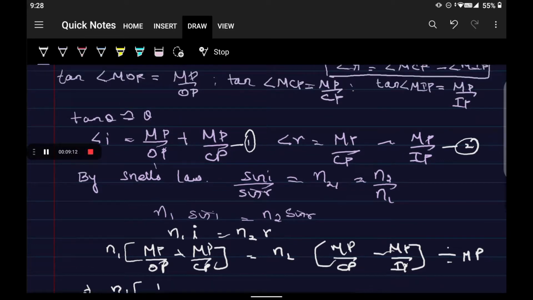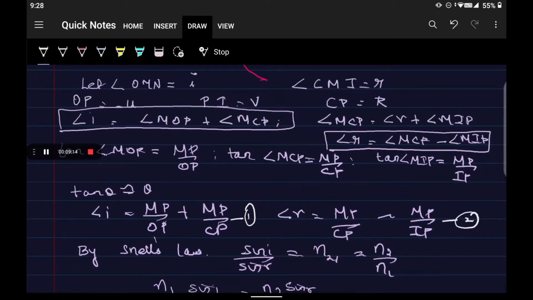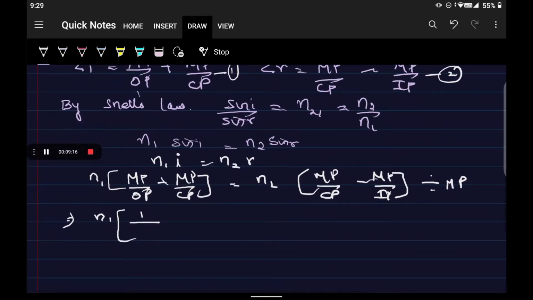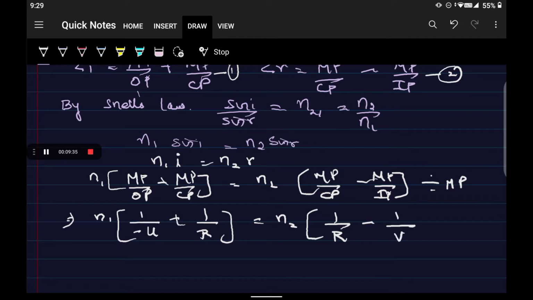From the diagram, OP is nothing but minus u, as we have already taken. So you substitute 1 by minus u. Plus, again dividing by MP, 1 by CP is 1 by R, since CP is nothing but R. And on the right-hand side, you will get 1 by R minus 1 divided by IP, where IP is nothing but v.